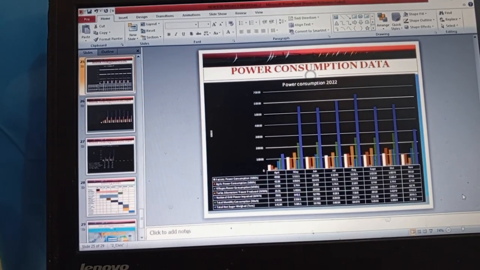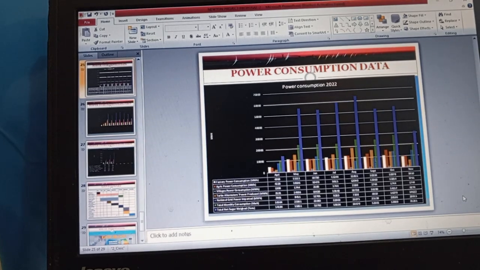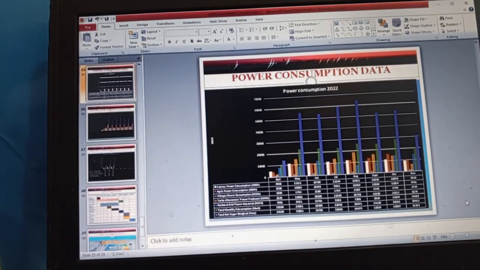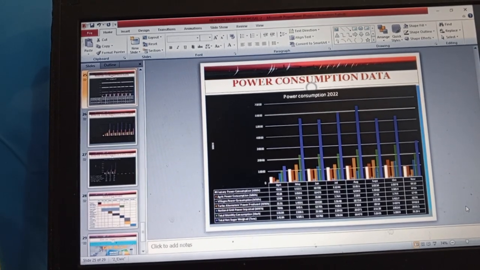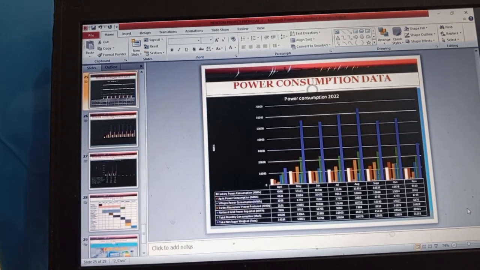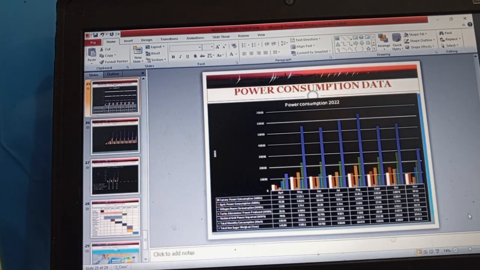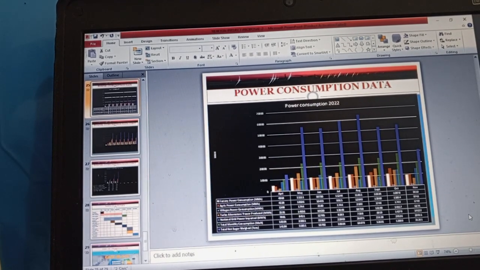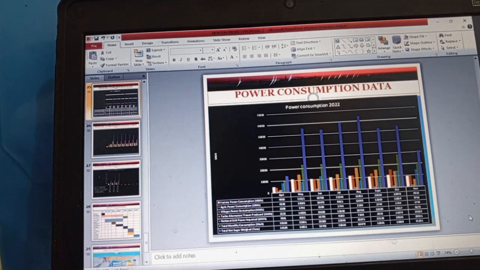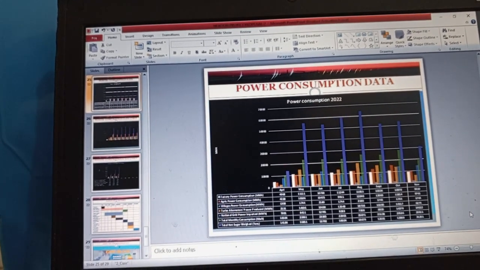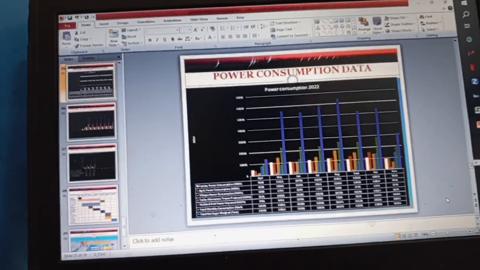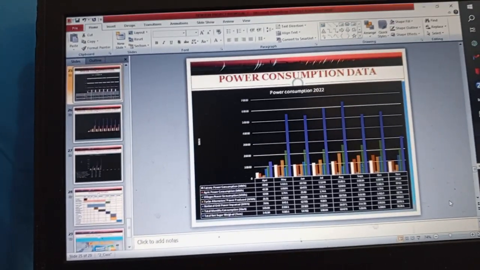Then the one in orange, it's agri power consumption. Then the purple one is power consumption in megawatt hour. Then the fourth one, which is orange, the turbo alternator power produced. That's how much power we were producing within that year.